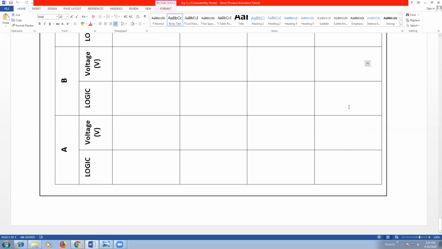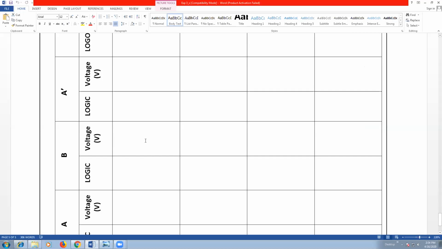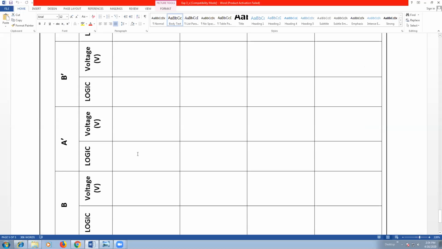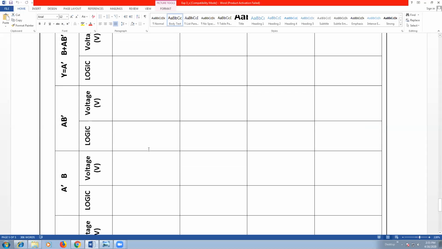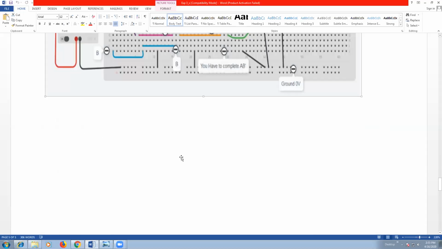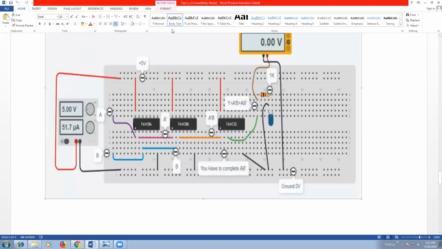That is the logic input, and you have to take from the voltmeter the corresponding readings of the input and output voltages. Here you can see the example of this circuit diagram.